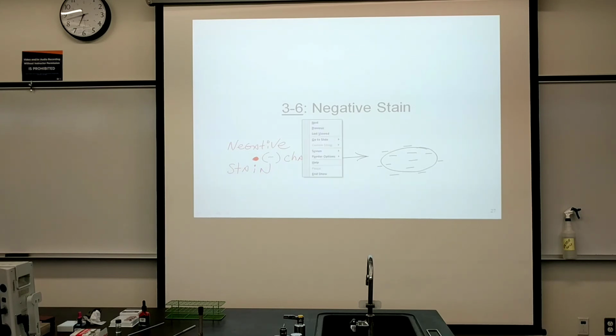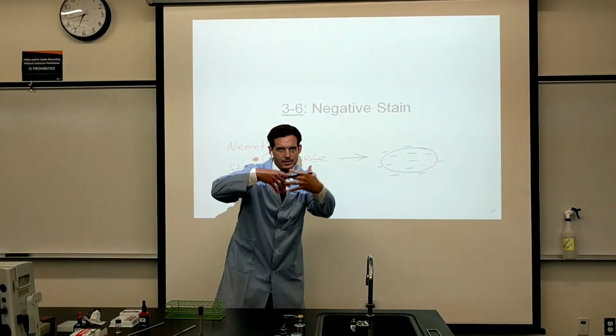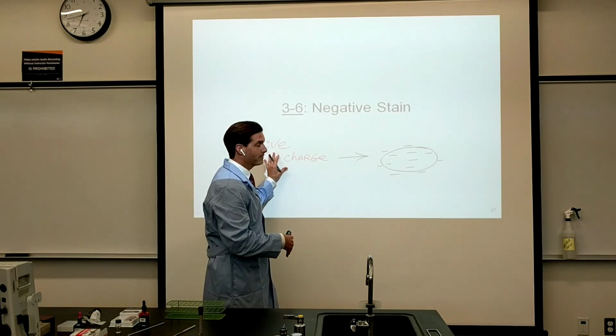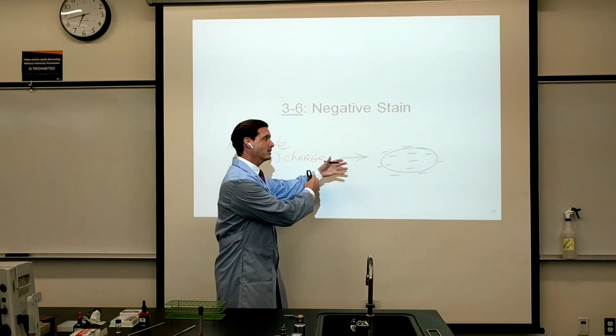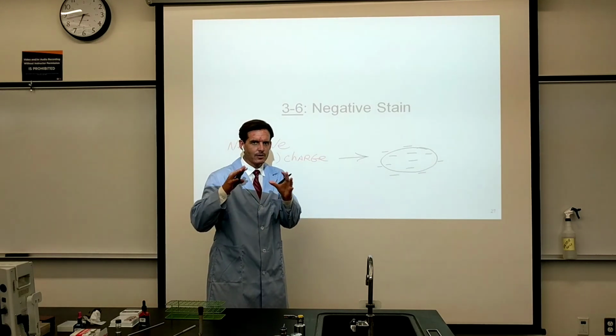And the negative charge is going to interact with the dye. But this time, instead of having opposite charges attracting, we have like charges. And like charges don't attract and combine, they actually repel each other.